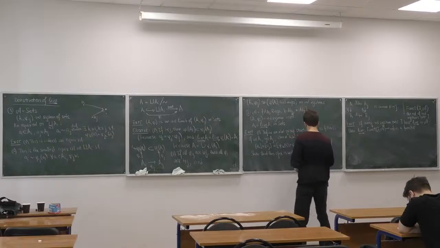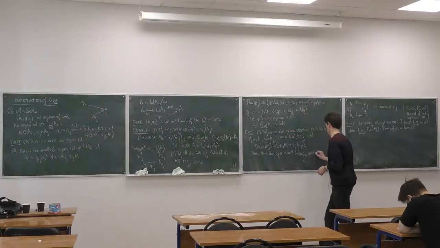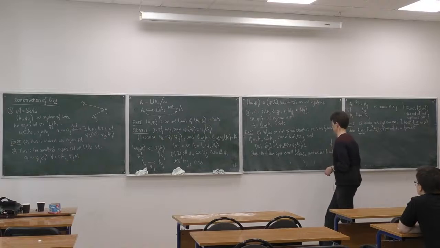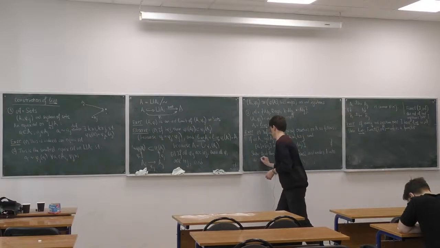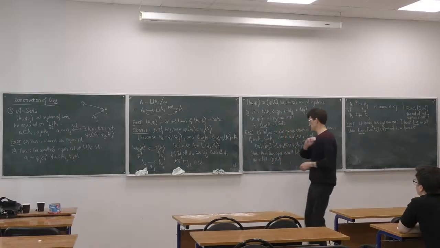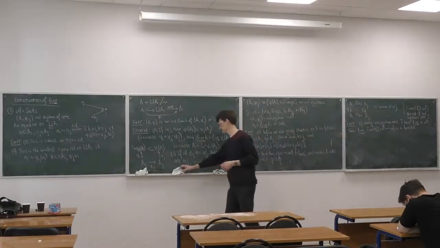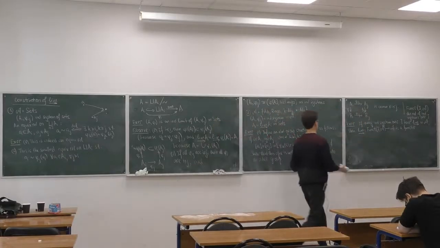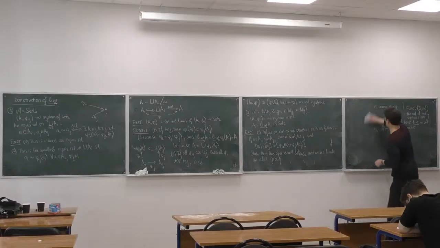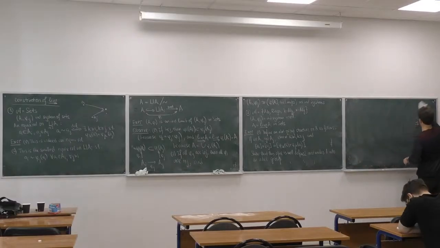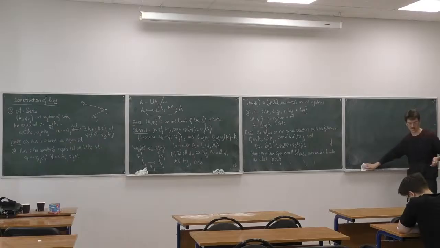So it is well defined and makes A into an abelian group. So the inductive limit of our system taken in sets becomes an abelian group. And I claim that this abelian group is nothing but the inductive limit of our system, but now in the category of abelian groups.